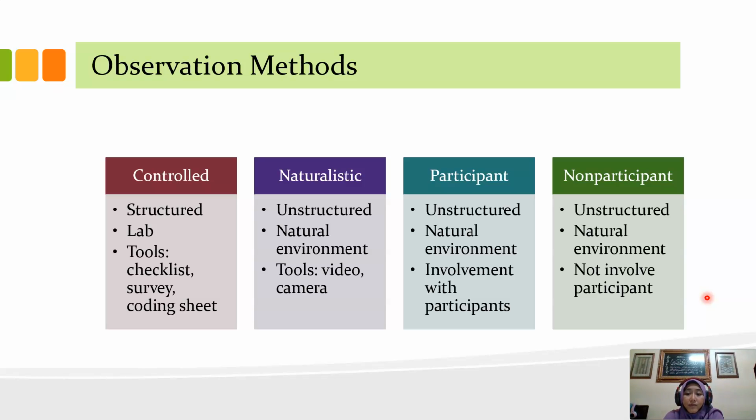For example, you want to observe characteristics of autistic children. You can have the participant or non-participant, it can be either one, to see how the children communicate and how the children behave. So these are the methods of observation that you can choose for your assignments or for any critical thinking activities.